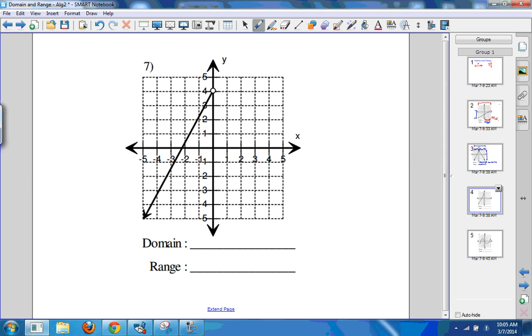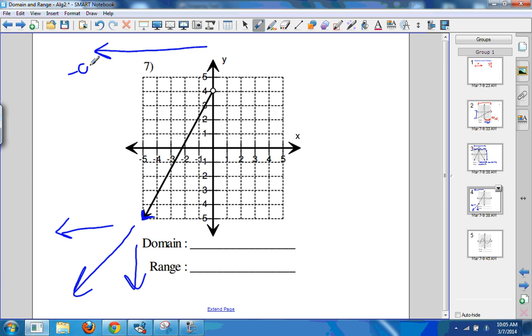All right, let's look at another one. This one, let's see, it has an arrowhead going down and to the left forever, right? So my domain, my x values, this arrowhead is going down and to the left forever. That means it's going that way forever. So we're going to negative infinity, that way, and it looks like it stops here at 0, and it does not include 0.